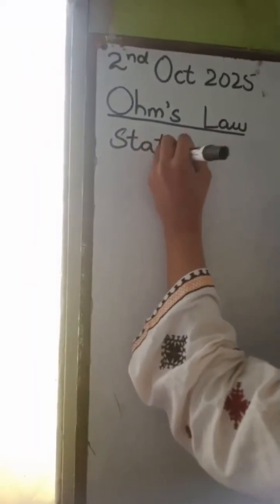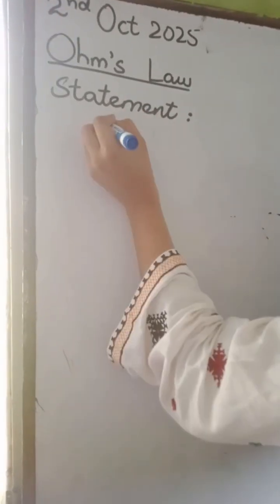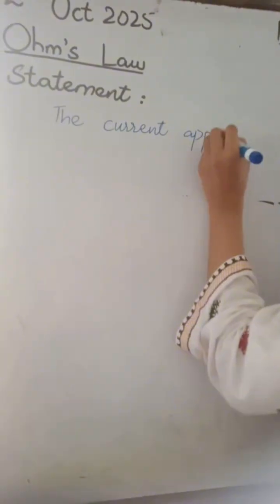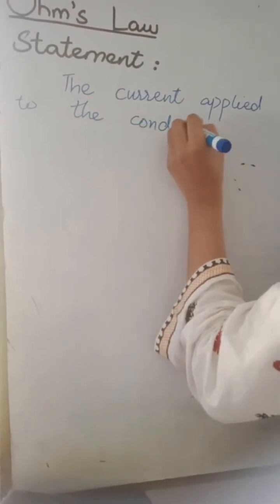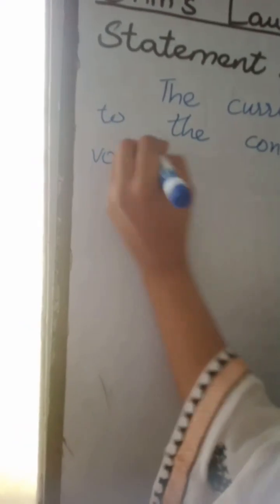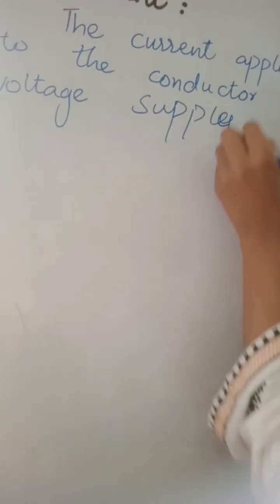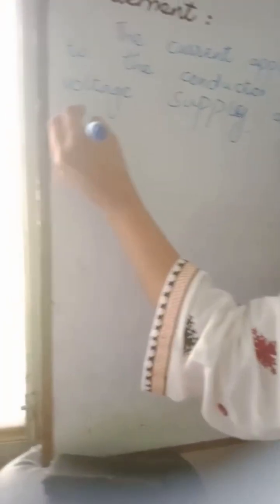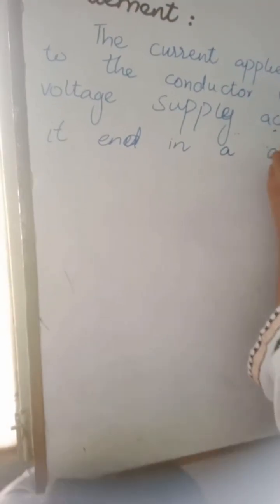Firstly, we will discuss its statement. The current applied to the conductor, then voltage supply across its end, constant resistance.